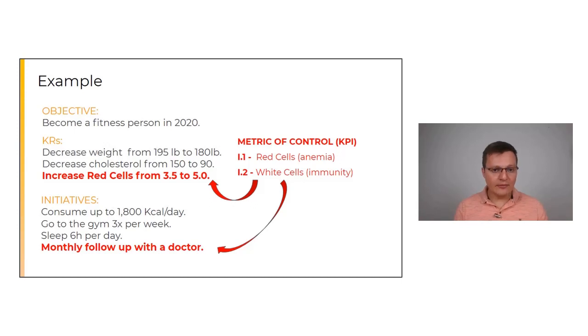And I need to add more initiatives to address these new KRs. Notice that my objective didn't change. I want to become a fitness person. But I now have another key result that will translate what is success. And I have a new initiative that will address specifically this KR. So in this case, a monthly follow-up with a doctor.